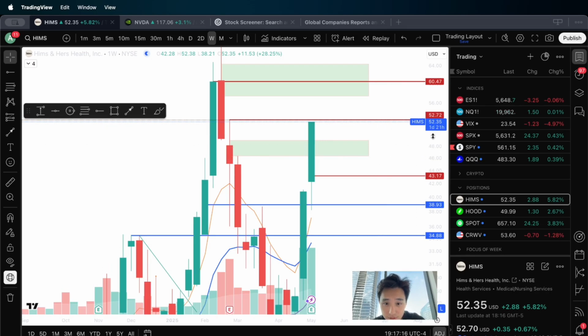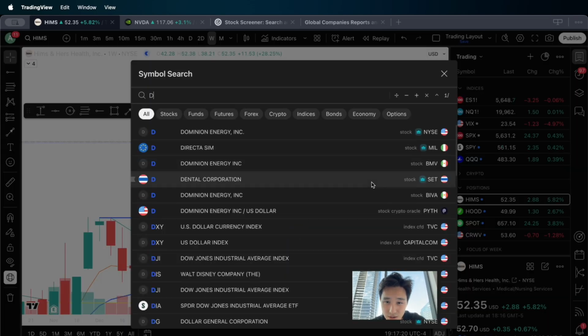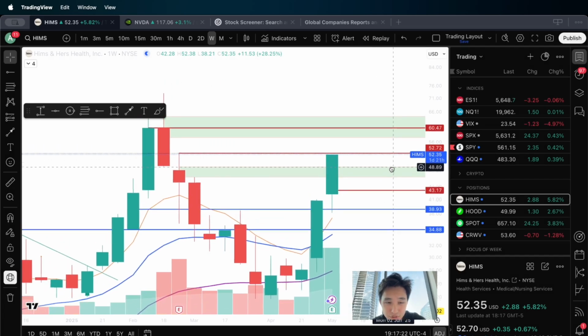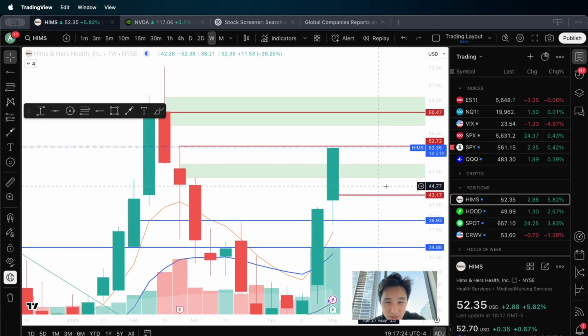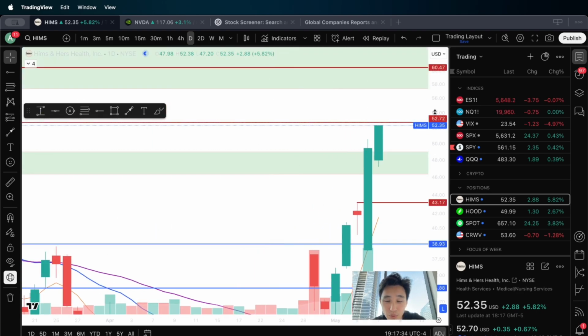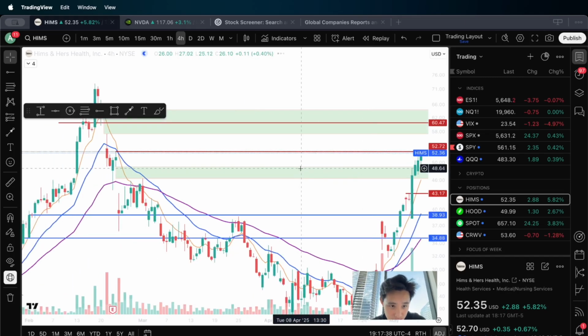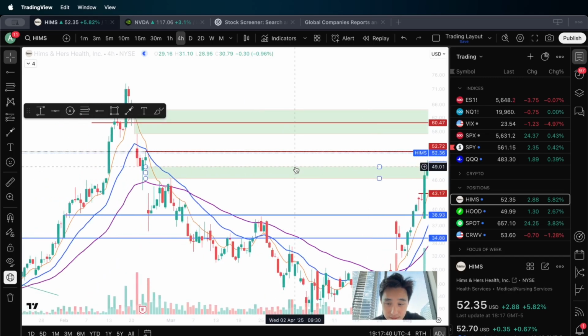So still in HIMS here. I think the contract's closed at like plus 90% profit here. It was so hard not to trim today, but I'm trying to stick to my take profit areas. We're actually really close to the first one, which is around 52.75, which is this wick here on the weekly. We cleanly filled this gap here from 46 to 49.